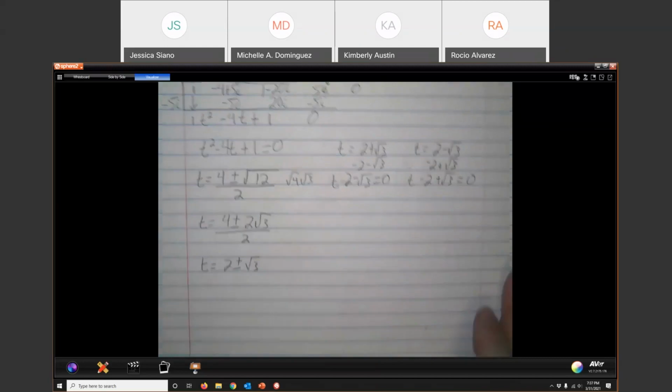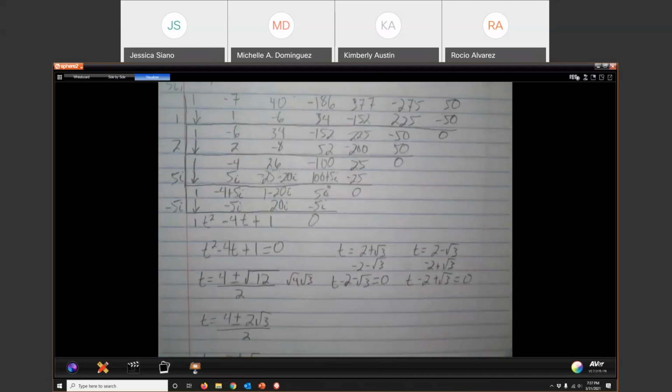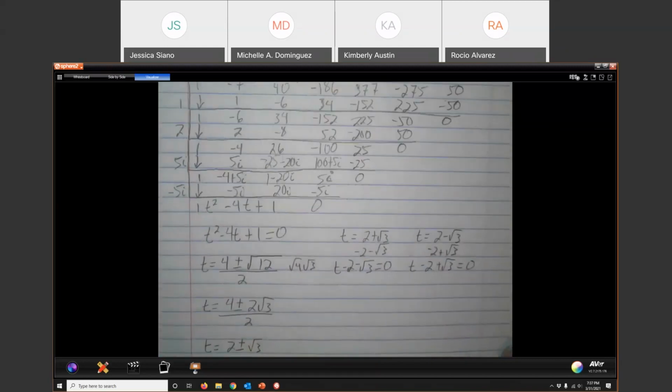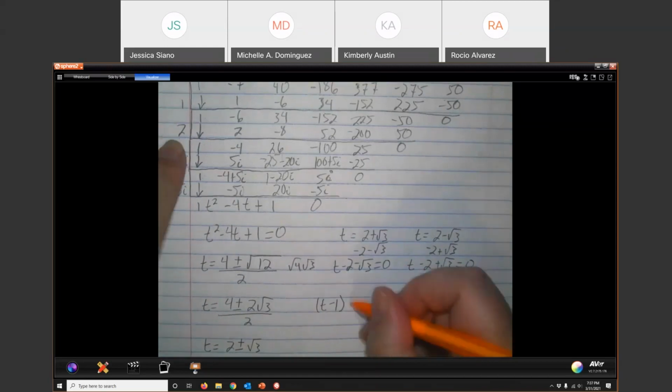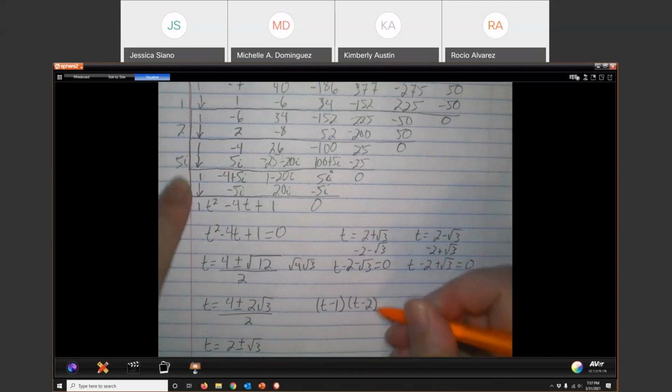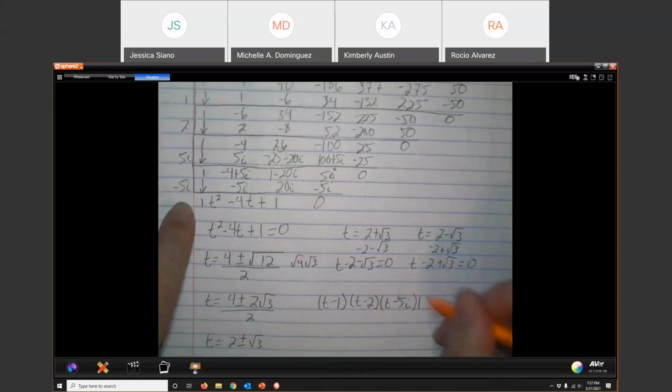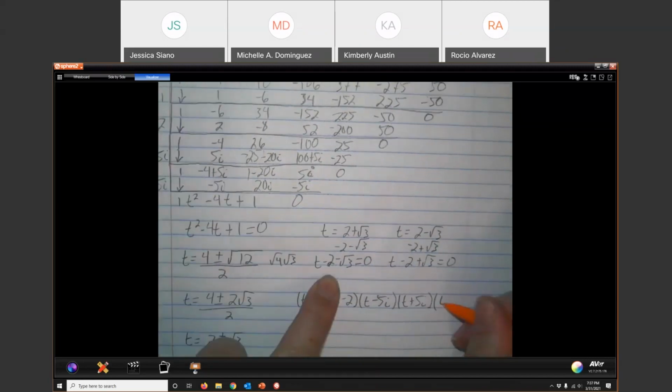So all of my linear factors, well, we start with this one: t minus 1, t minus 2, t minus 5i, t plus 5i, t minus 2 minus rad 3, t minus 2 plus rad 3.